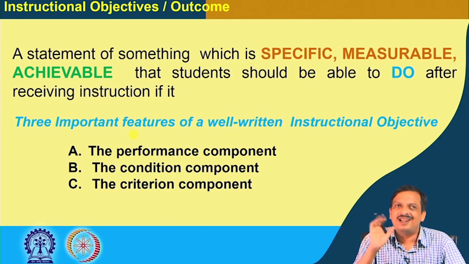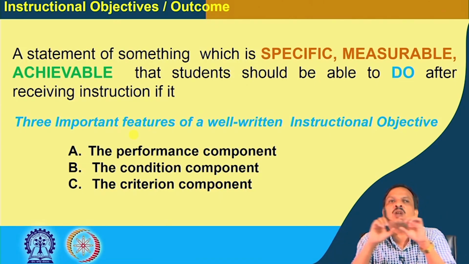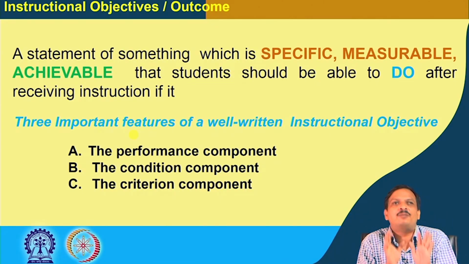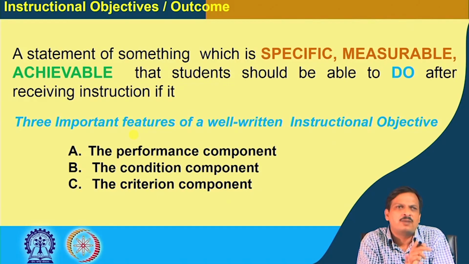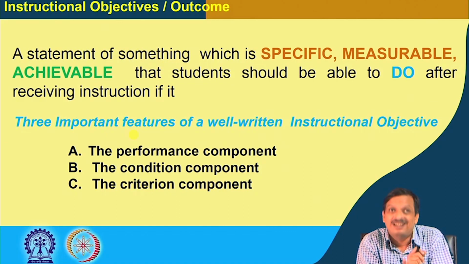Okay? And each instructional objective or outcome may have three primary components: condition component, performance component, criteria component. Sometimes the criteria component may not be there, but to make it achievable, the criteria component is needed.